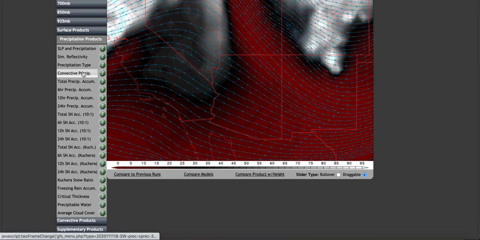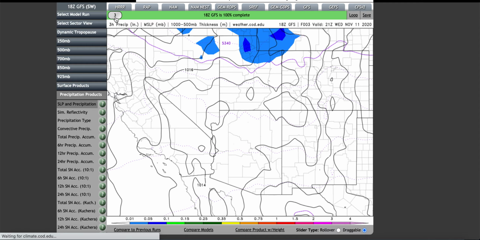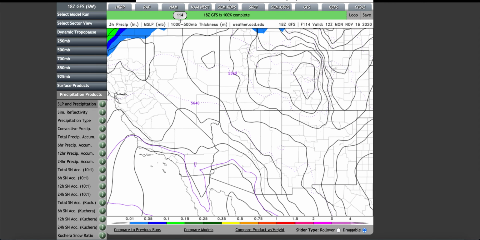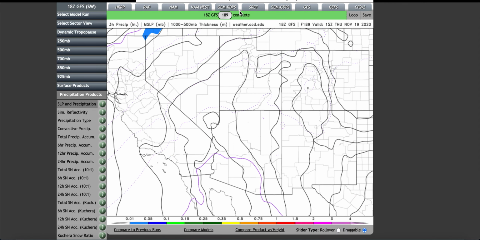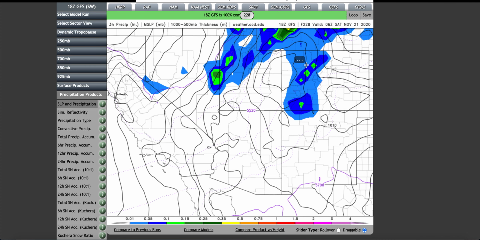This is total precipitation, so not just snow, right? It doesn't specify what type of precipitation is falling, but how much it is. And QPF here, that number there, stands for quantitative precipitation forecast. So that's, again, just snow water equivalent if it's falling as snow, or just how much water is falling.